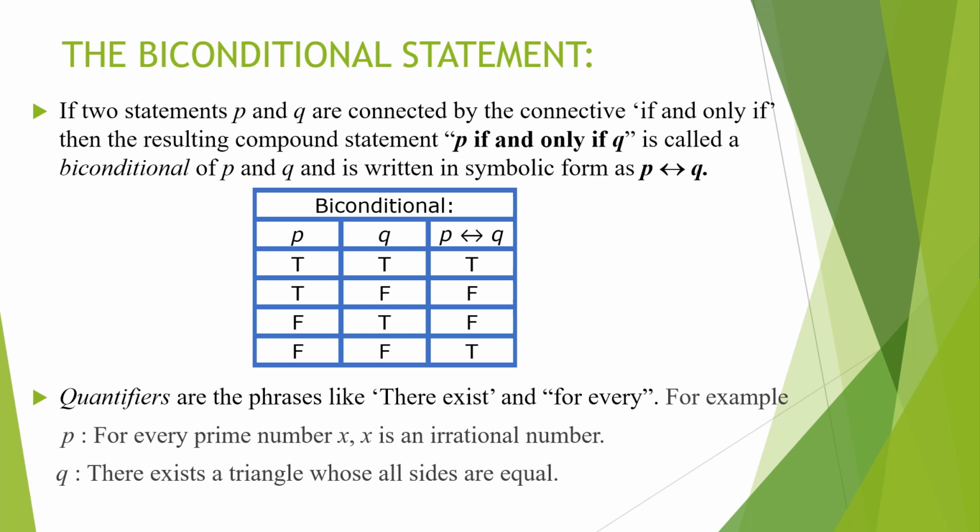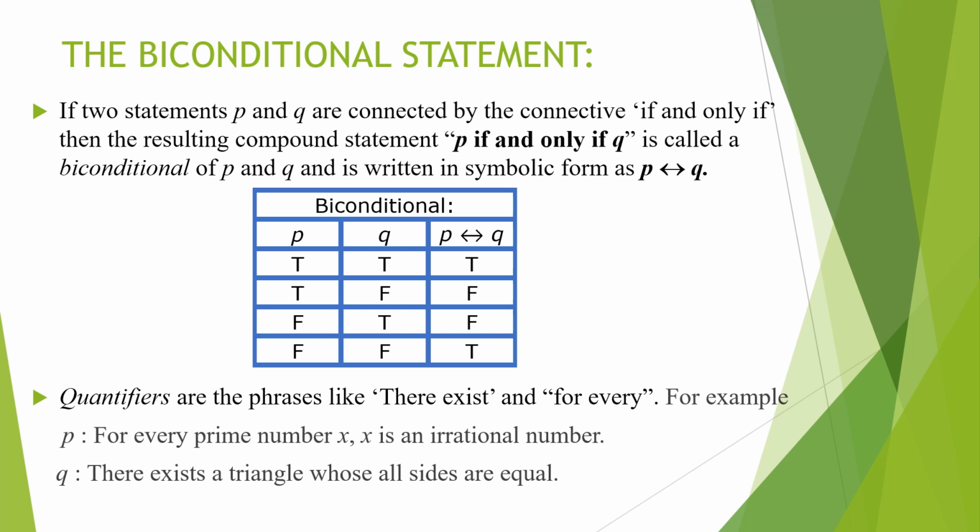Like you have the conditional, you also have the biconditional. If two statements P and Q are connected by the connective if and only if, which is very much used in maths, then the resulting compound statement P if and only if Q is called the biconditional of P and Q. What will be the truth values for the biconditional?